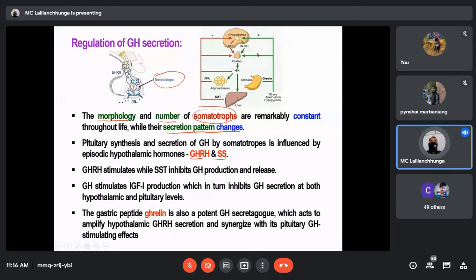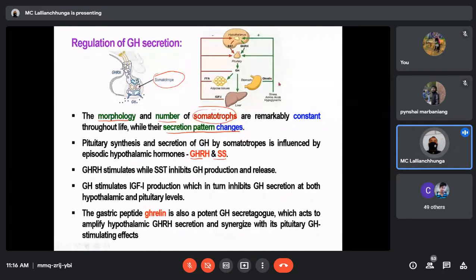Let's see first the positive factors which influence the secretion of this growth hormone. We'll see first stress, amino acid concentration, hypoglycemia, which is a low concentration of glucose in the blood, and another one is ghrelin.